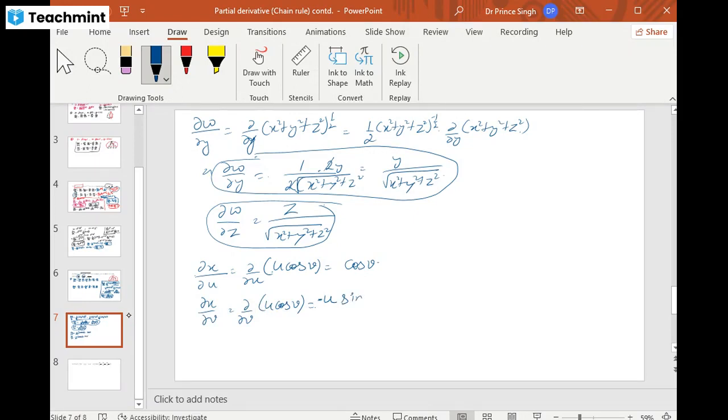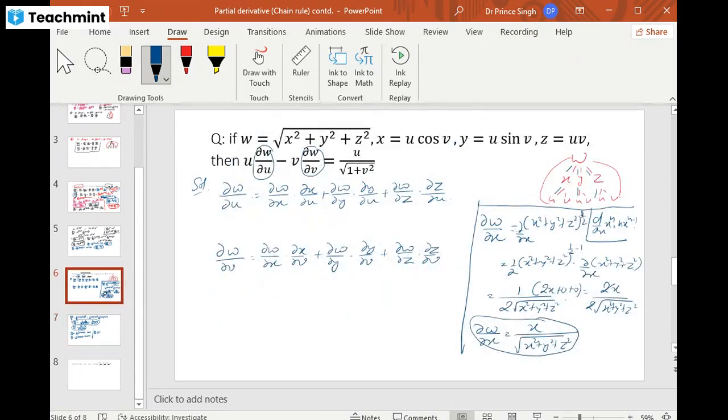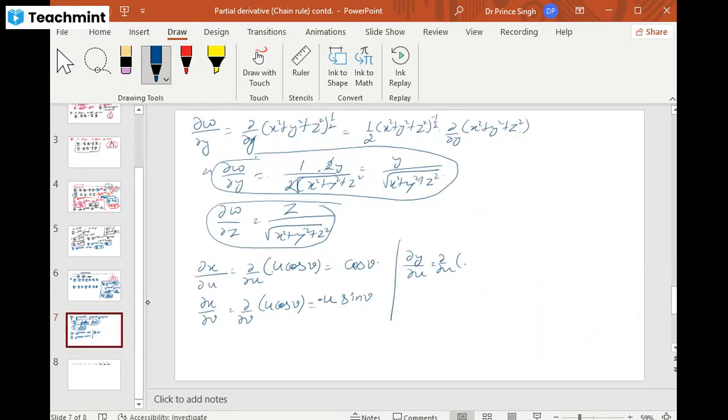So it is minus u sin v. And the derivative of y with respect to u: y is given as u sin v, so its derivative is sin v. And if we differentiate y with respect to v, that is ∂/∂v of u sin v, then u is constant, and the derivative of sin v is cos v, so it is u cos v.